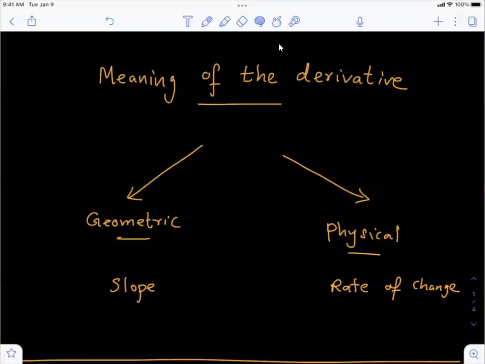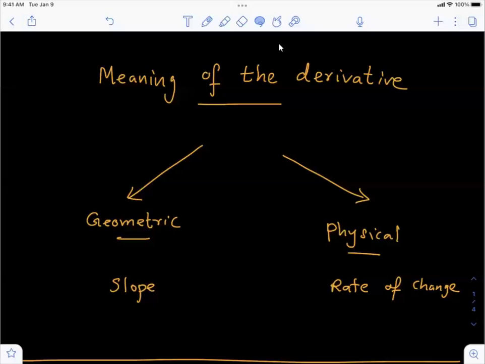Hello, everybody. Welcome back. In this lesson, we will go over the significance or the meaning of the derivative. The derivative is a mathematical concept that has a wide variety of applications. To understand these applications, we need to understand what it means in the context of geometric interpretation as well as the physical meaning.